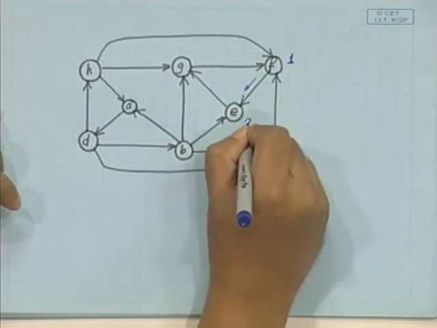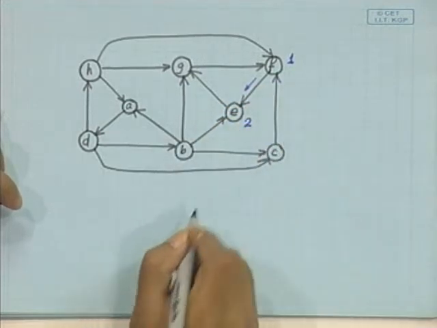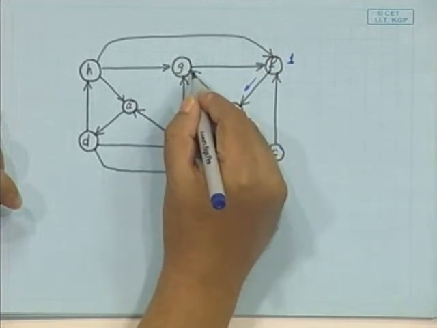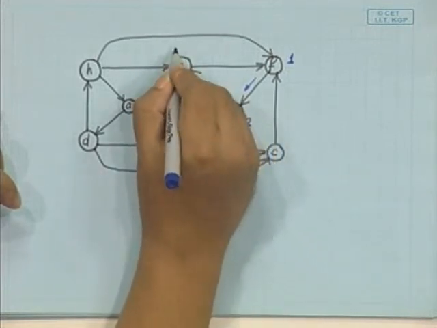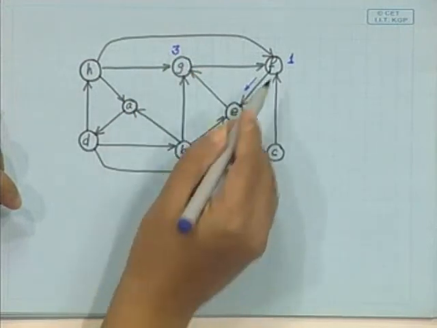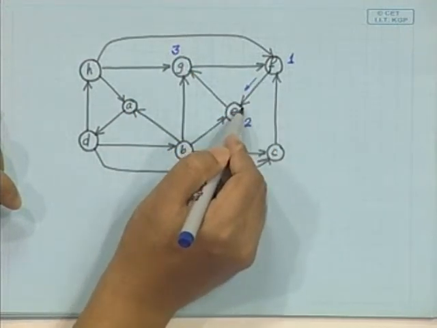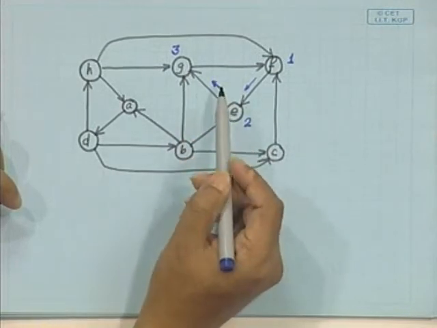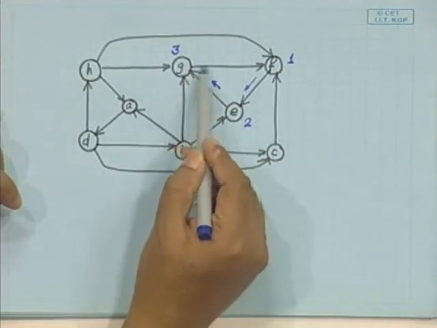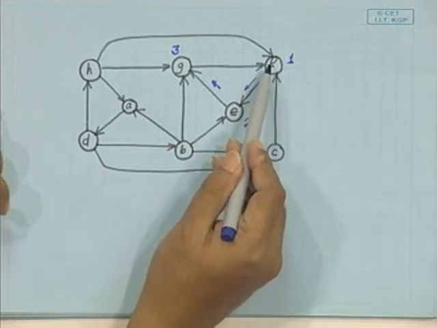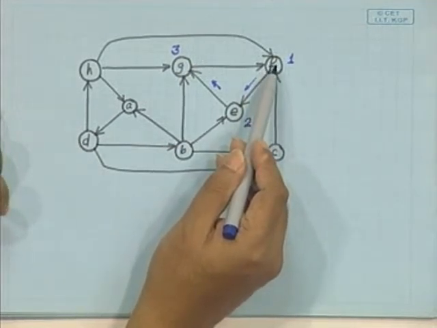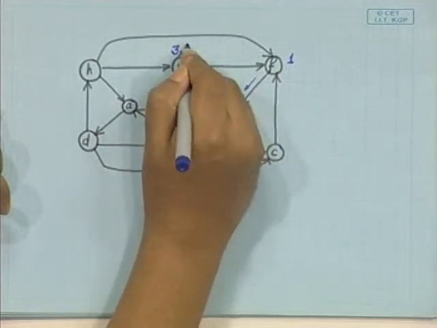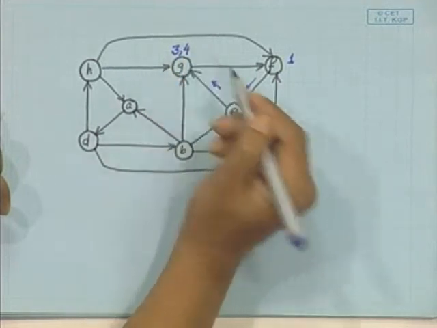From that, suppose we go to E. So this is going to have entry number 2. From there we will go to G. We are going depth first, okay, from here to here, then from here to here. Now here again, the only choice is to go back to F, but then F is already visited, so we backtrack and put this exit number as 4, right?